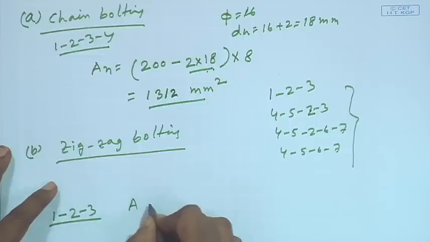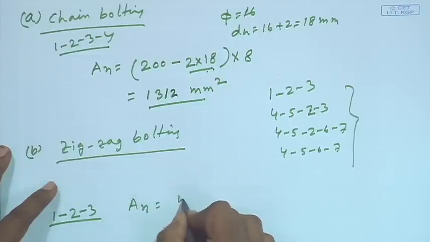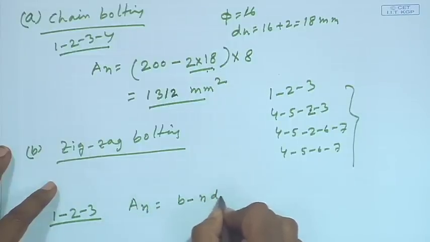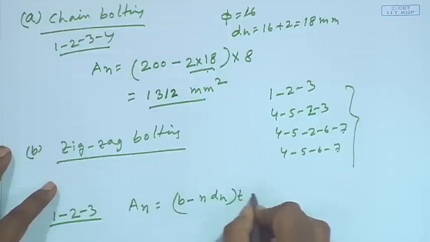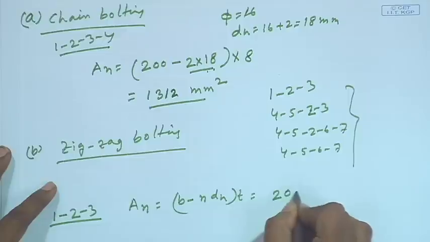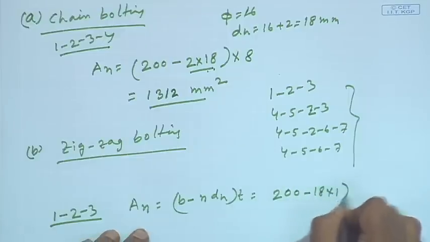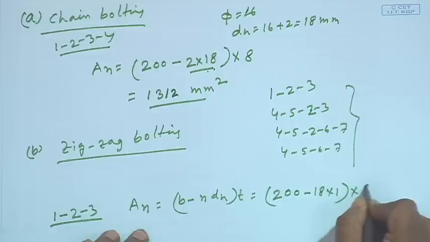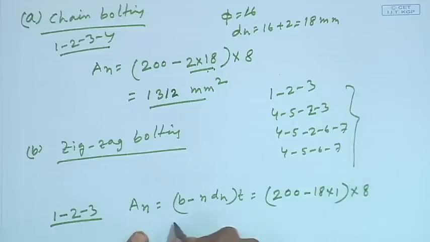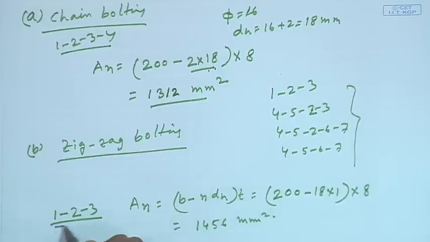So, net area we can find out, that will be B minus n into d H into t, that will be 200 minus 18 into 1 into 8, thickness is 8. So, I can find out that is 1456 millimeter square. So, net area along 1, 2, 3 we can find out in this way, right.